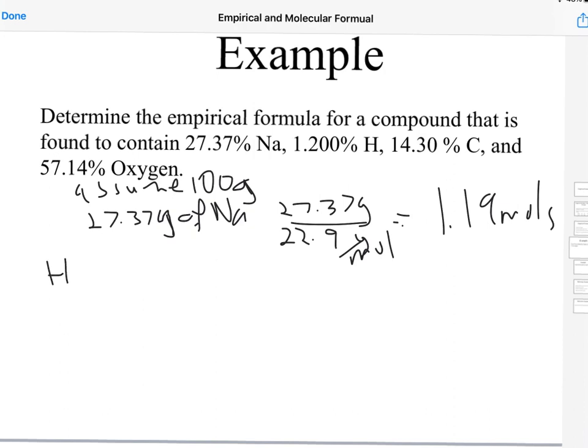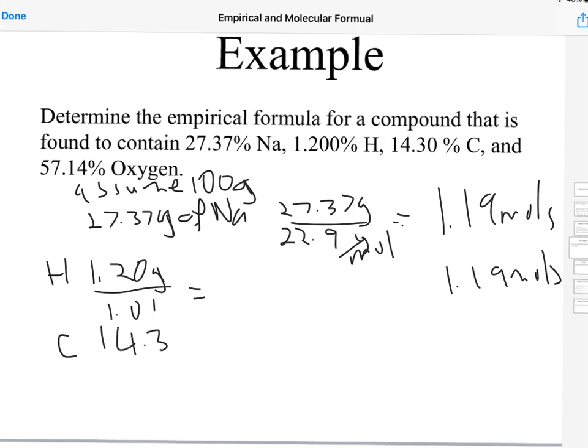So what we're doing is converting every single one of these percentages to moles. So 1.20 grams of hydrogen, and we're going to divide that through by 1.01, and we're going to end up with 1.19 moles. And then we're going to take our carbon, which is 14.3%. We're going to convert that to grams, 100 grams, and divide through by 12 molar mass.